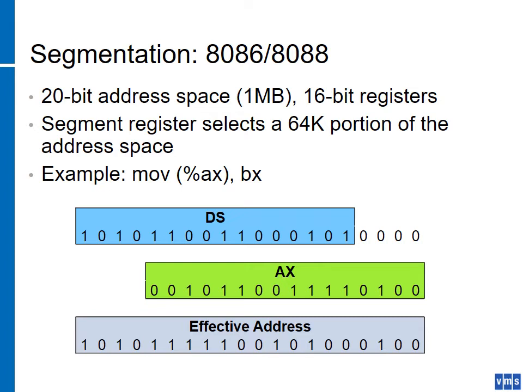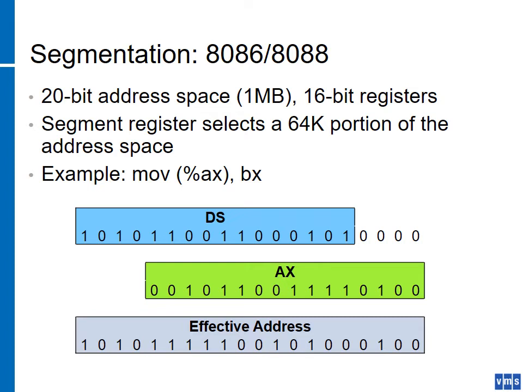So segmentation was invented as a way to address a 20-bit address space using 16-bit registers. They added some 16-bit registers called segment registers, and you put a value in there, and it selects which 64-kilobyte portion of the address space you're interested in.